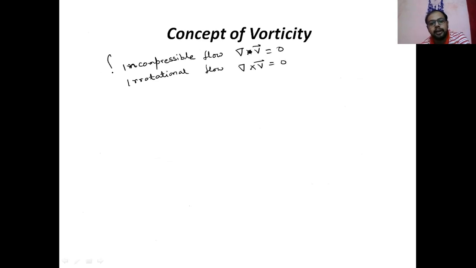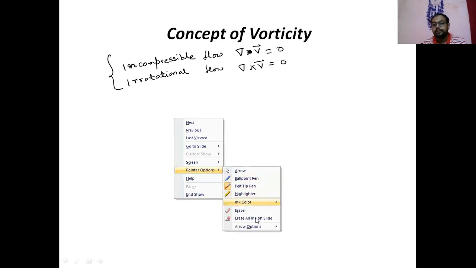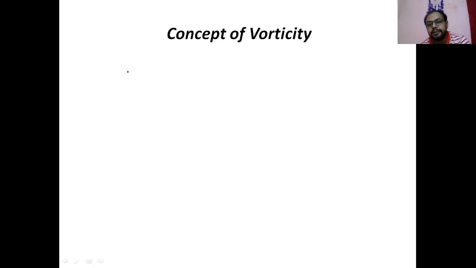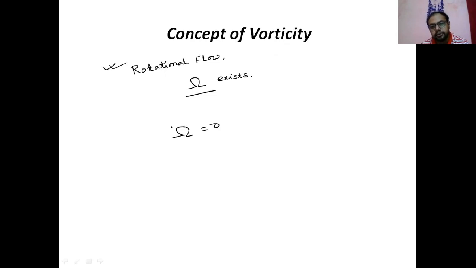That is the difference between irrotational and incompressible. But if the vorticity vector exists, that means the flow is definitely rotational. If the vorticity vector exists, we can say the flow is a rotational flow. If it does not exist, the vorticity vector is 0, that means the curl of the velocity vector is 0.